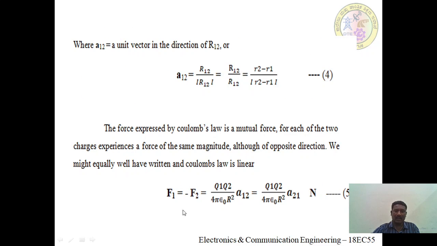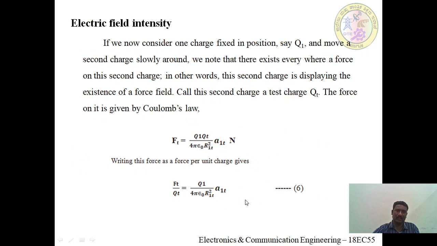This is the formula for Coulomb's law in vector form. In vector form, in addition to the magnitude, we have a vector that gives the direction.